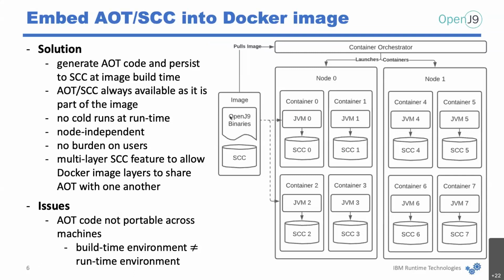And for those of you who worked with Docker images before, you may wonder what happens when the image we build has multiple layers, and that's quite a common use case.